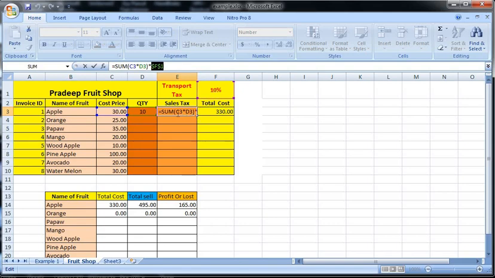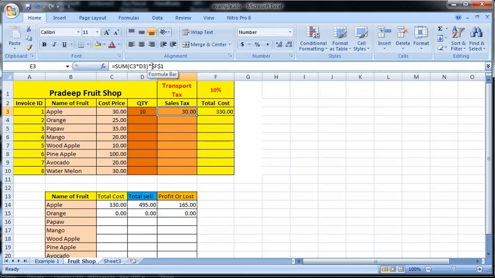That means the 10% of 300 is, if I enter, I get 30 rupees. I hope you understood.